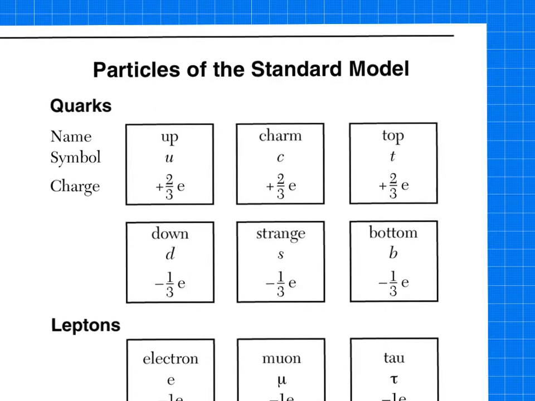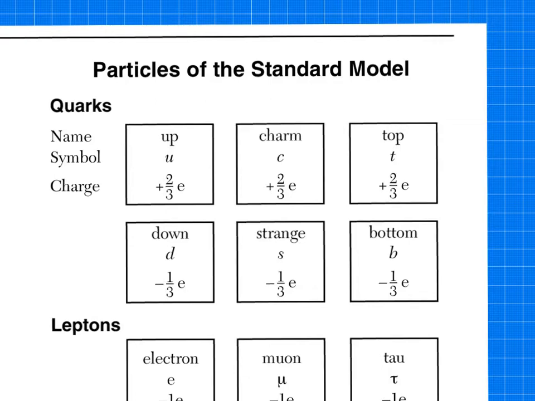So let's say we put an up, a charm, and a strange together. You can see you have +2/3 and +2/3, which is +4/3. -1/3 brings you back to +3/3, which is a +1. So you can see how you can combine three quarks to make a +1 or a positive charge.